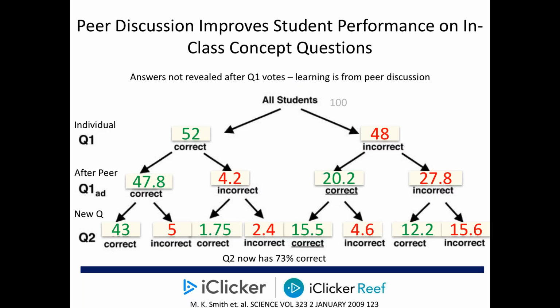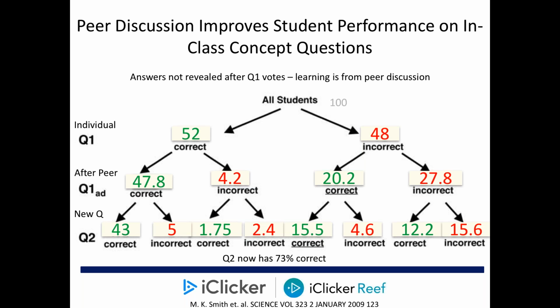There are plenty of studies that show that the peer discussion does work, and it's peer instruction with the ability of students to engage correctly. So this is just a study that showed that 52% of the people got the first question right.